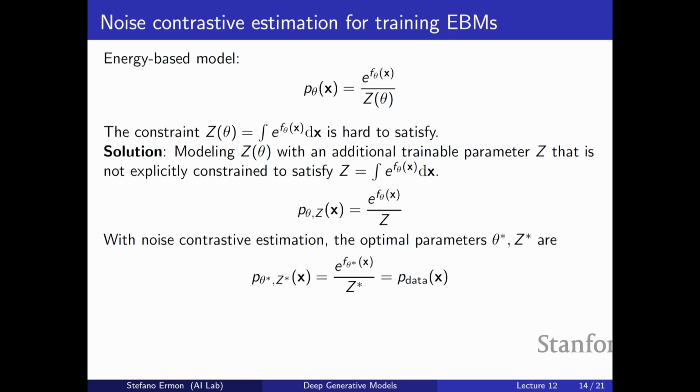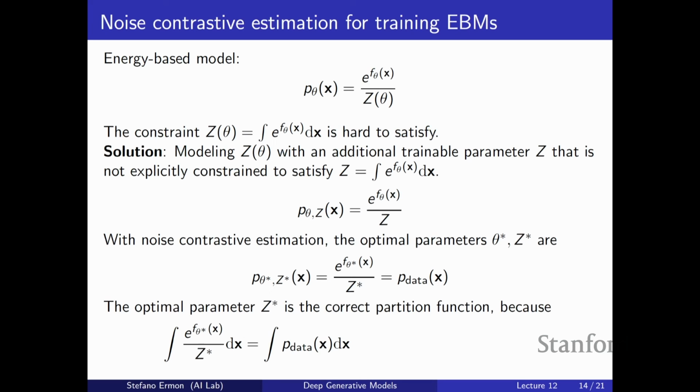And what this means is that the optimal theta and the optimal z are going to be such that the energy-based model is equal to the data distribution. But crucially now, z is just a learnable parameter.